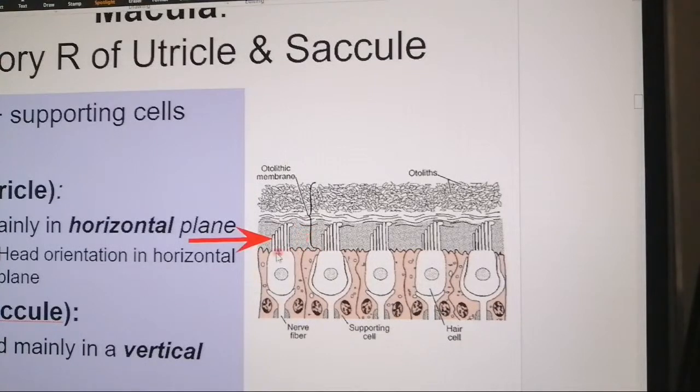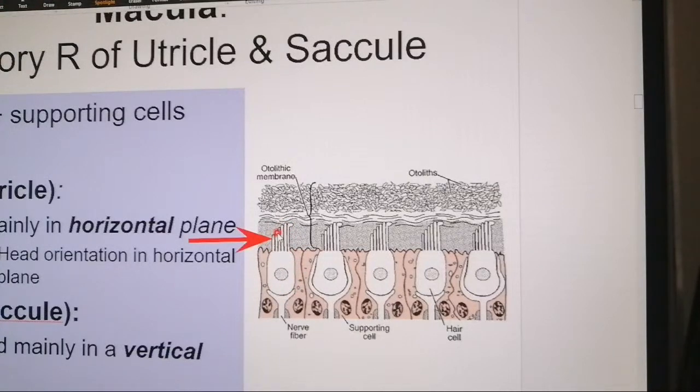Okay? So, the hair cell with its cilia, or the hair of the hair cells, are projecting into this grayish, jelly-like area. Okay? This is what a typical hair cell looks like.